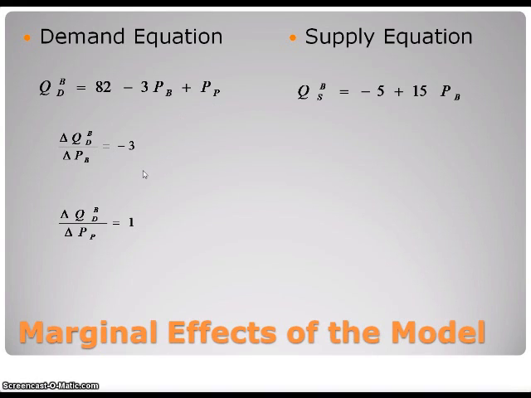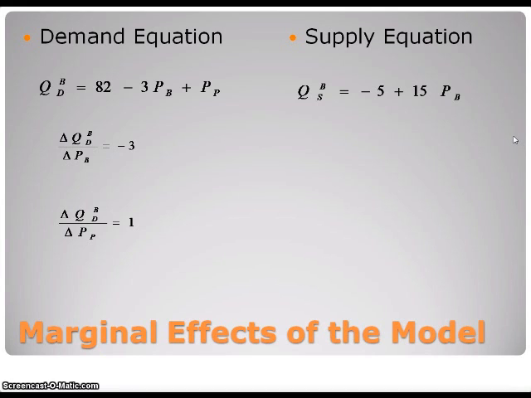Again, remember there's an implied 1 as a coefficient attached to the price of pork. So for the demand equation, we have two marginal effects, or two slopes. The first is equal to -3, and it relates a change in the price of beef to a change in the dependent variable, the quantity demanded of beef. The second relates a change in the price of pork to the dependent variable, a change in the quantity demanded of beef.